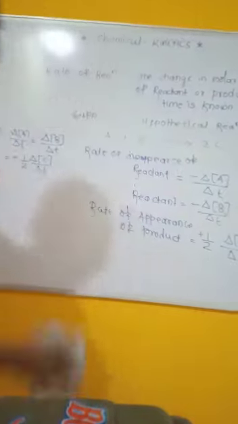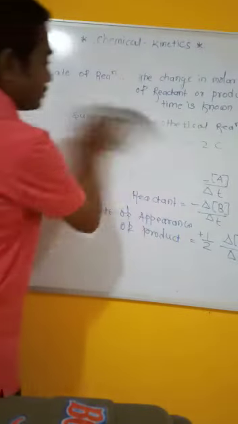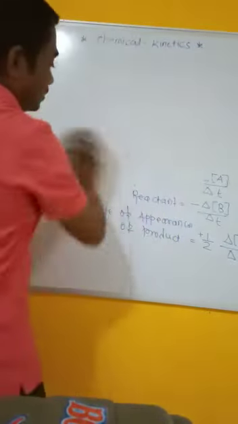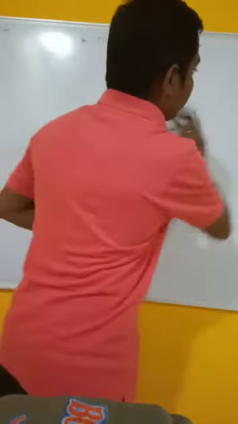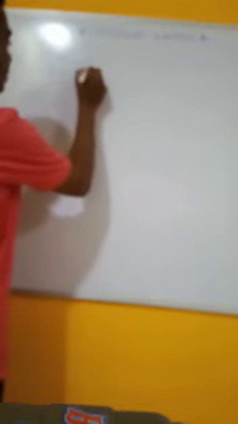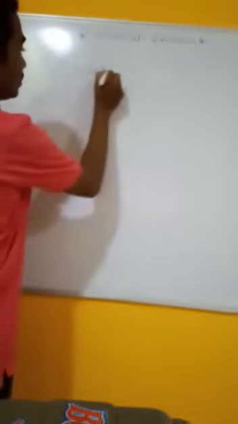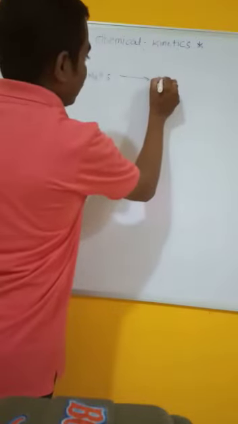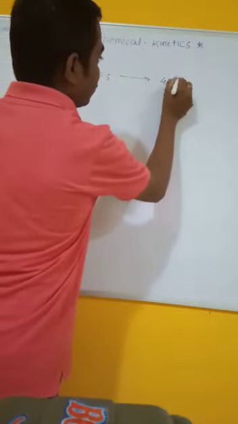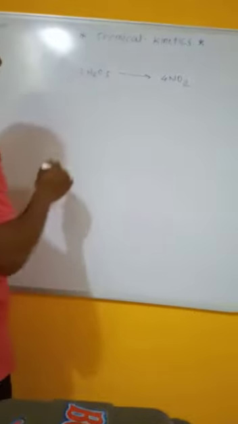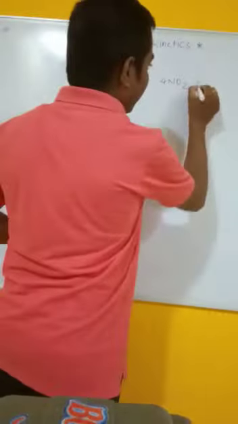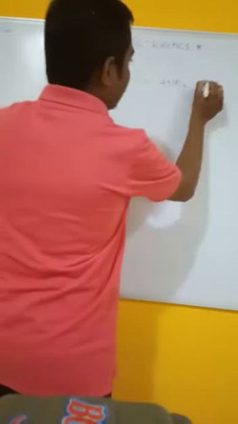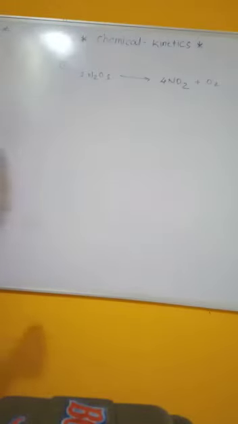Now we have to take a next example. The first example is twice N2O5 changes to 4NO2 plus O2.